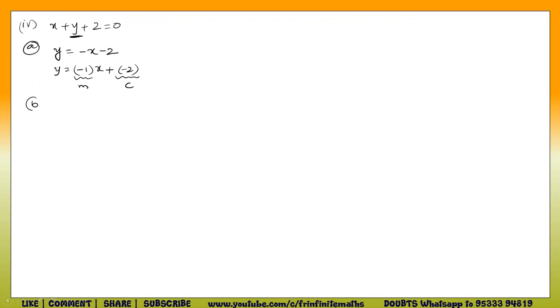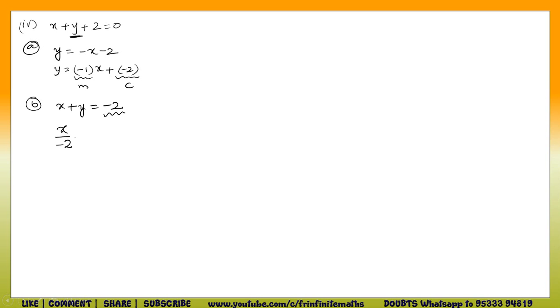So this is nothing but my slope intercept form. Next moving on to what form? So it is intercept form. So for intercept form what I should do? I need to transpose this particular 2 to the right hand side. So this becomes minus 2. Now I need to make this minus 2 as 1. For that what I am going to do is dividing with minus 2 on both sides.